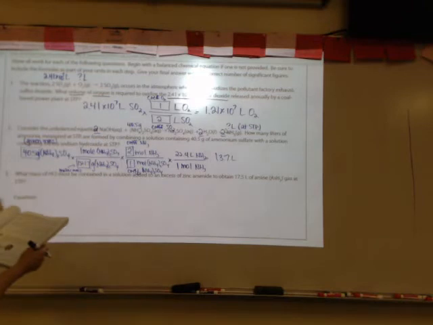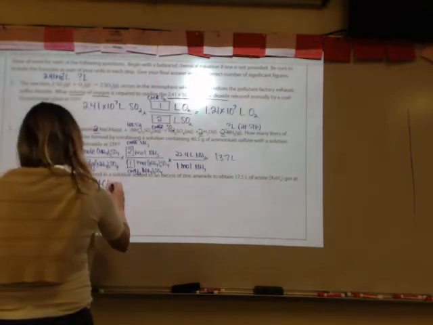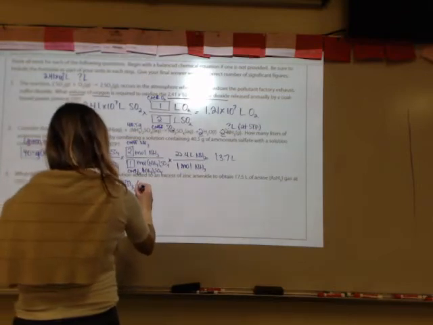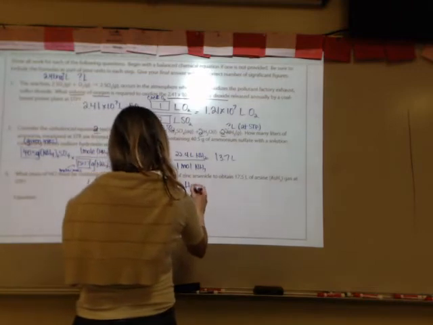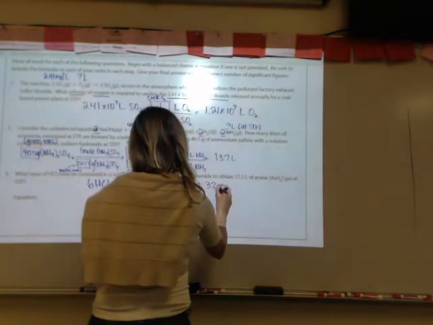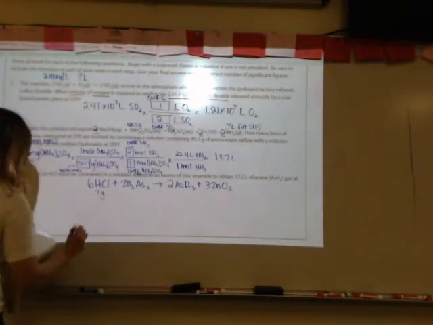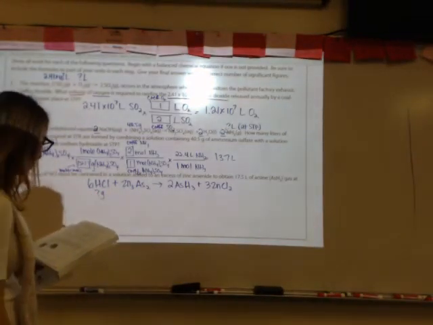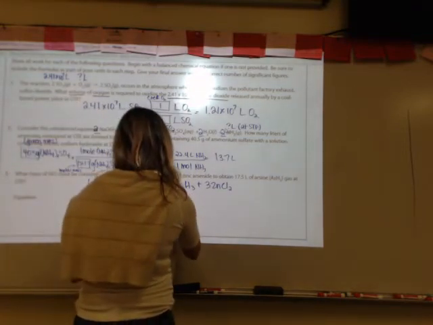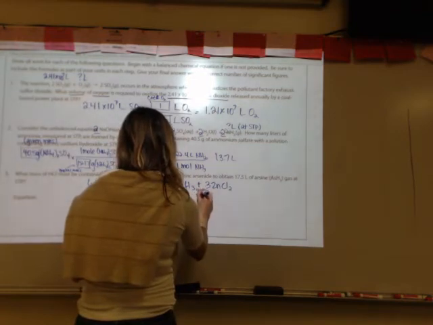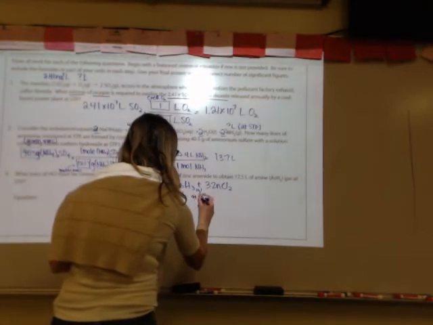Now, for number 3, I'm going to give you the balanced equation. What mass of HCl has to be contained in a solution with excess zinc arsenide to obtain 17.5 liters of arsine gas at STP.